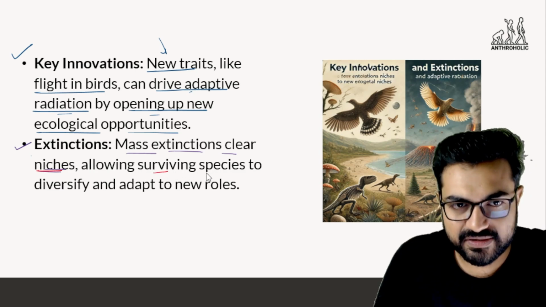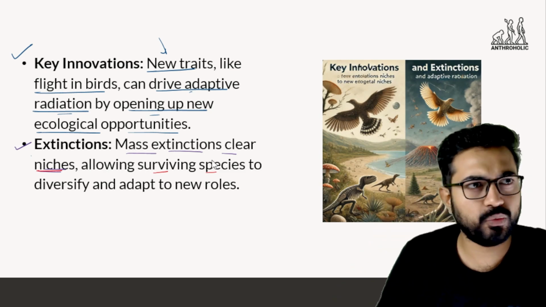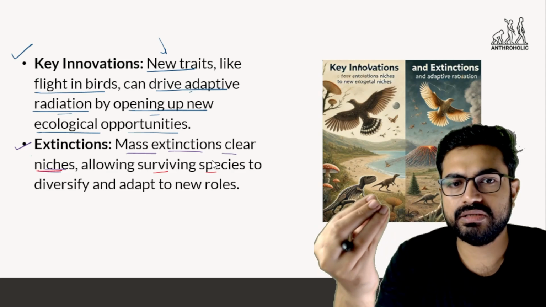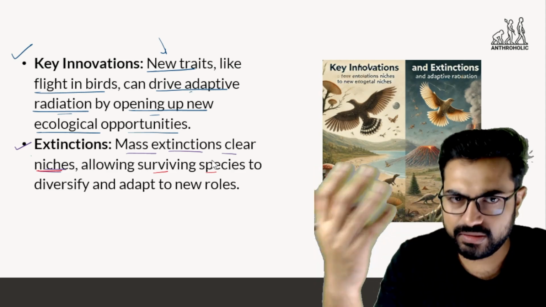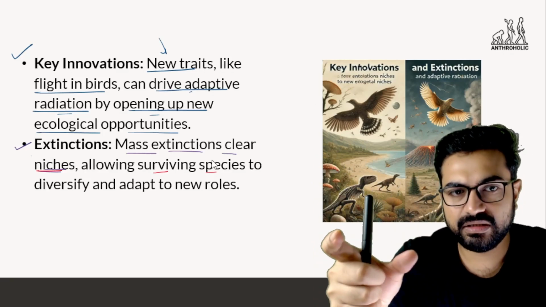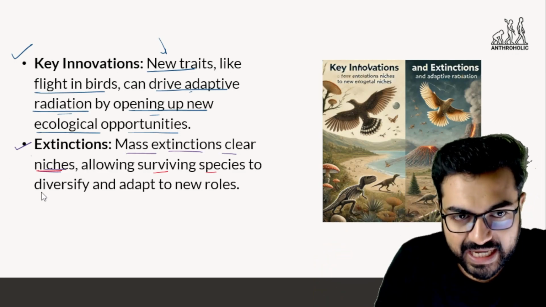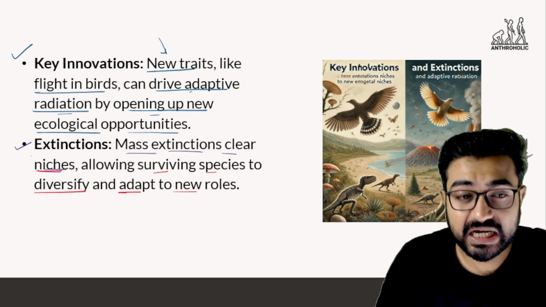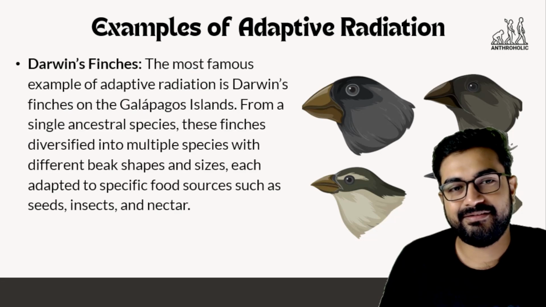If those species survive, they adapt to these harsh conditions which many others could not survive. Many others could not survive the changes because of such mass extinctions, and they got extinct. They perished from this planet. But some species did survive, and the ones that survived diversified and adapted to new roles and to these harsh conditions, and they thrived, and they are thriving till today.